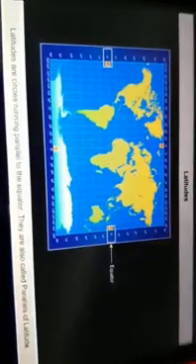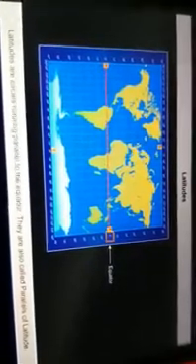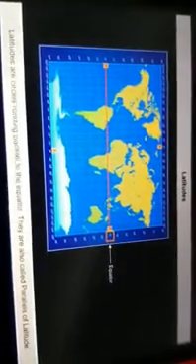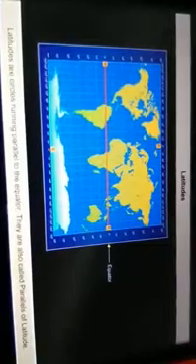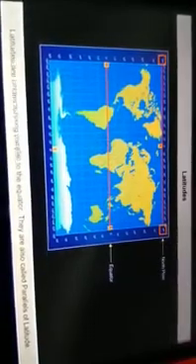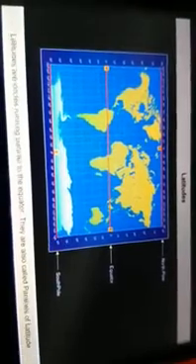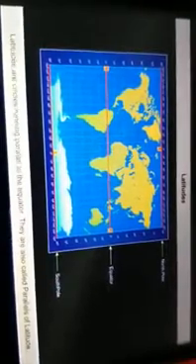Latitude lines run in an east-west direction. 0 degree latitude runs along the equator. There are 90 degree lines to the north and to the south of the equator. 90 degrees north is the North Pole and 90 degrees south is the South Pole. Latitudes help in locating physical features of the Earth and also in understanding the climate of a place.